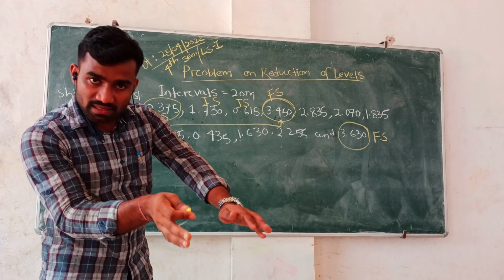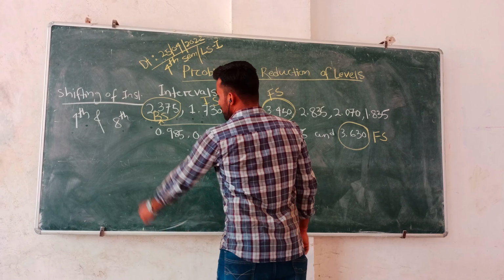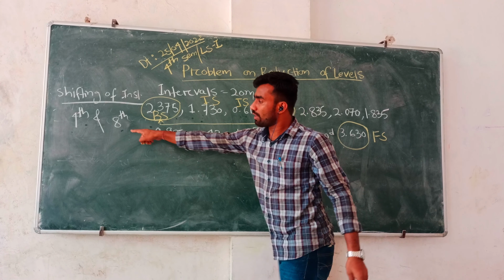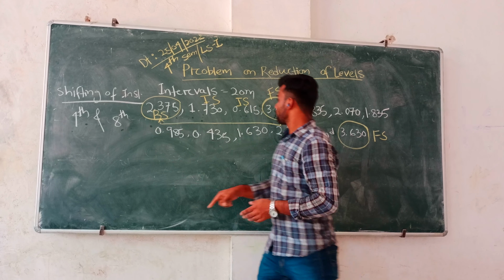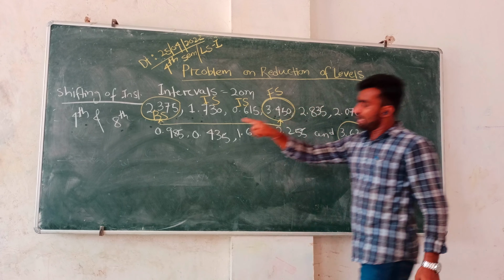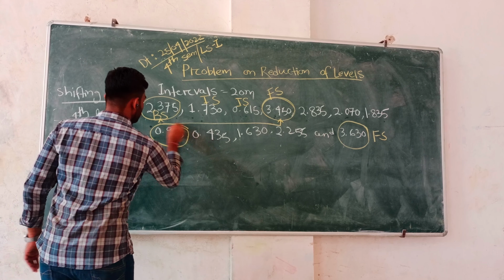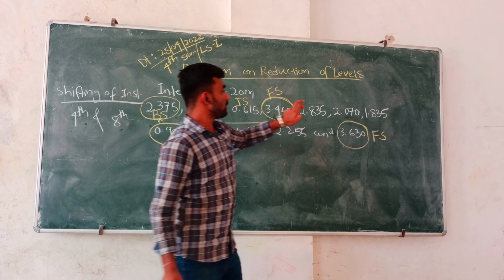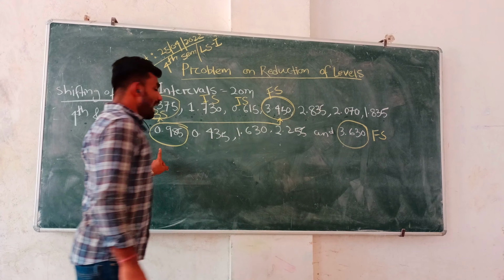Again the instrument is shifted after the 8th reading. So we count 5, 6, 7, 8. 1, 2, 3, 4, 5, 6, 7, 8.